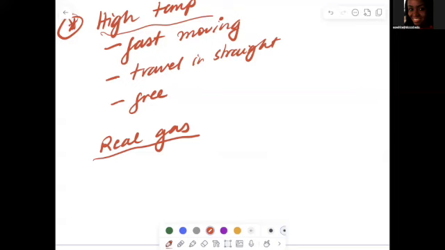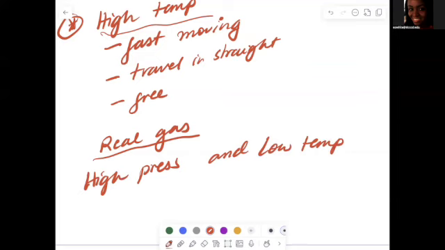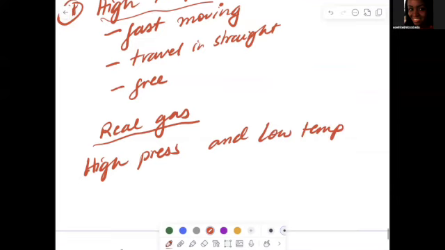So you flip the conditions and have high pressure and low temperature. So why high pressure and low temperature? Why does this affect the gases? Because in high pressure, the gas particles are now forced close together, right? So we have a greater intermolecular force of attraction.